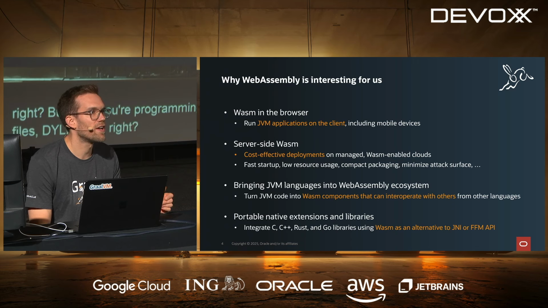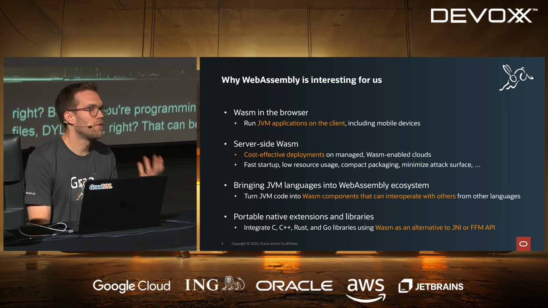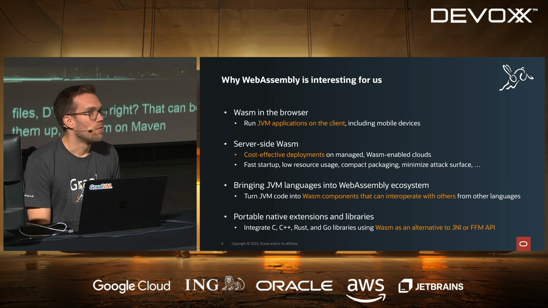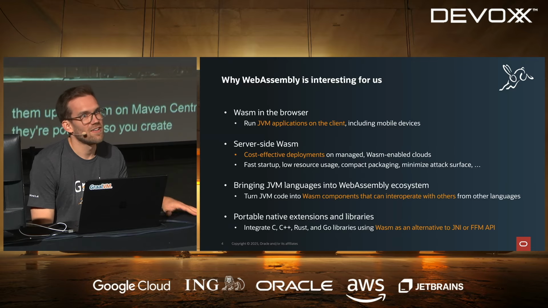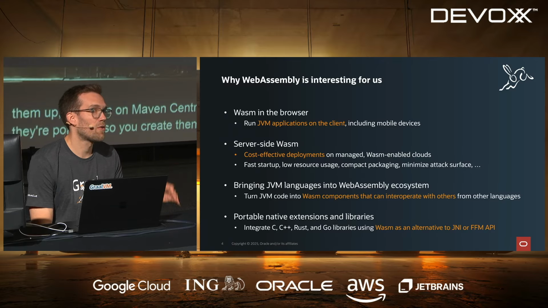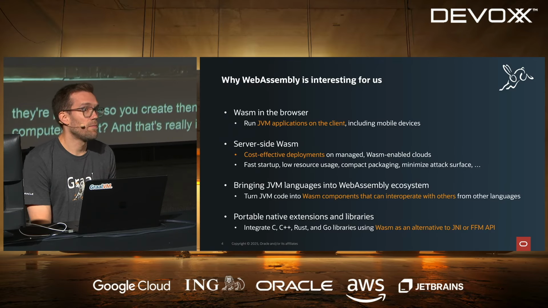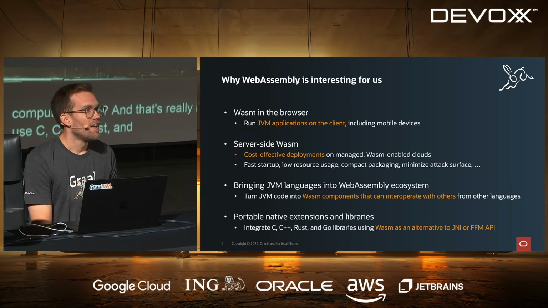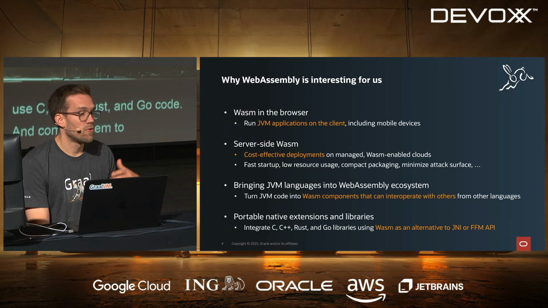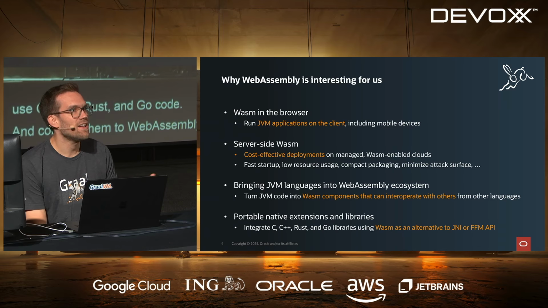That can be very annoying. Then you need to jar them up, put them on Maven Central, right? WebAssembly modules, they're portable. So you create them once, and they will run on all the computers, right? And that's really interesting. Because now we can use C, C++, Rust, and Go code, and compile them to WebAssembly as opposed to native code, but we get near native performance.